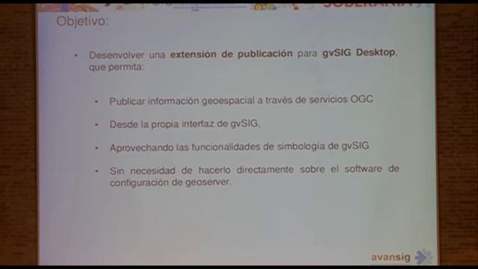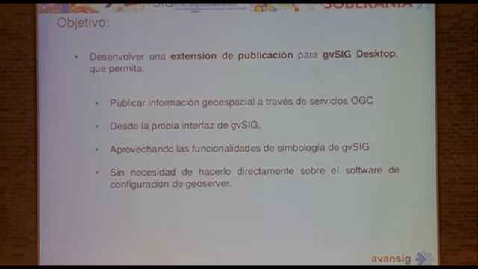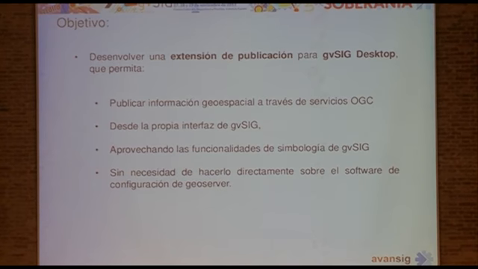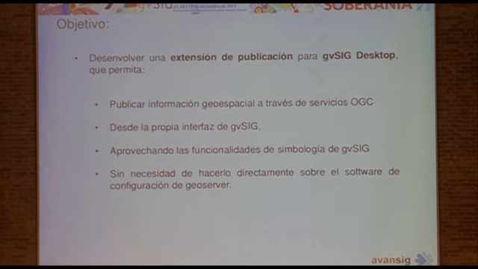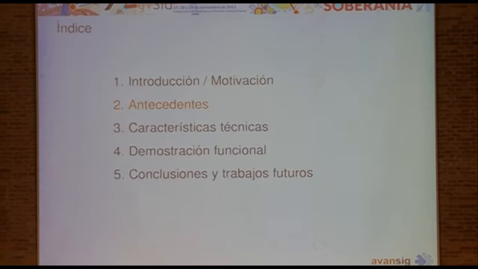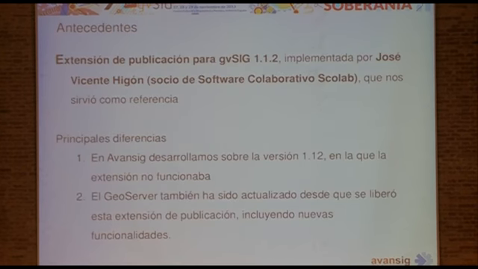So the objective of my project was that publication could be done from the interface of gvSIG, taking advantage of the functionalities of gvSIG. That means that if you create a layer, you maintain a style, and you don't have to know what SLD or SLC is.